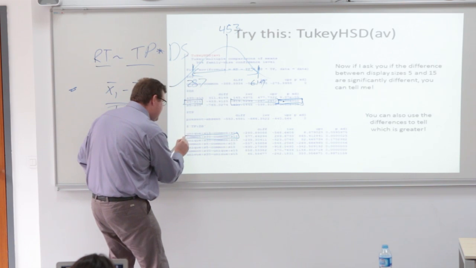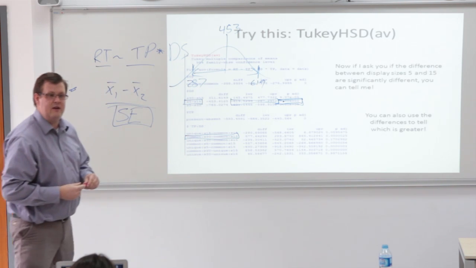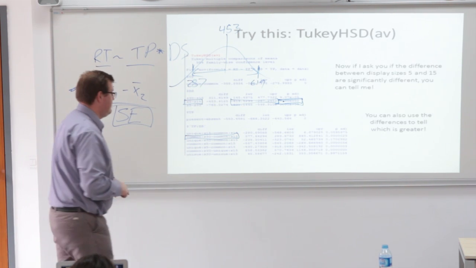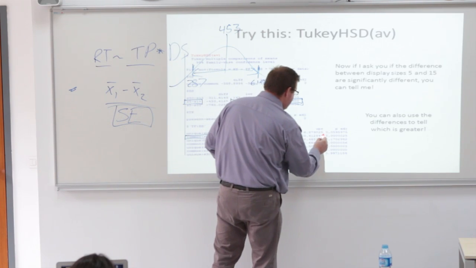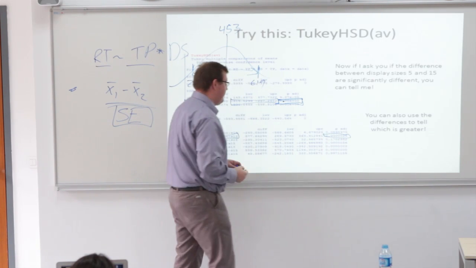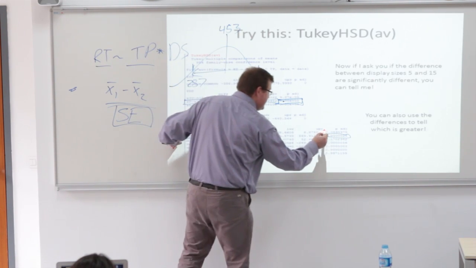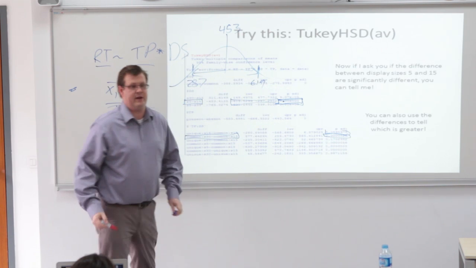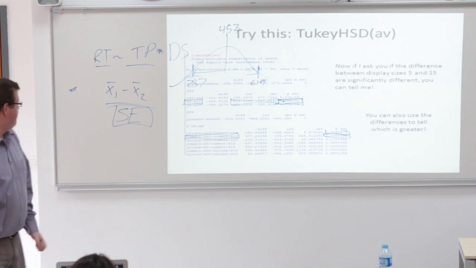Here it is. Is that difference significant? Yes. Is it less than 0.05? Yeah, it's a lot less than 0.05. Not all of them are. So this first one here, that's not significant, right?